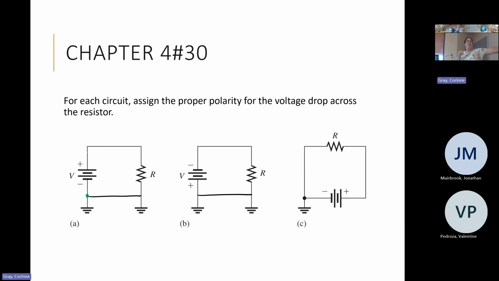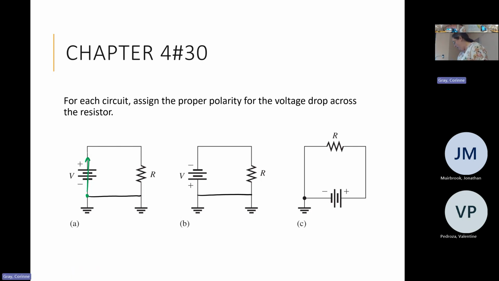I'm next to a ground in this case, so if something wonky has happened, everything's dumped into the ground and I don't have to worry about it. I then want to look at the direction of the conventional current coming out of the positive side. And because I'm going from negative to positive, I am going to gain this voltage.